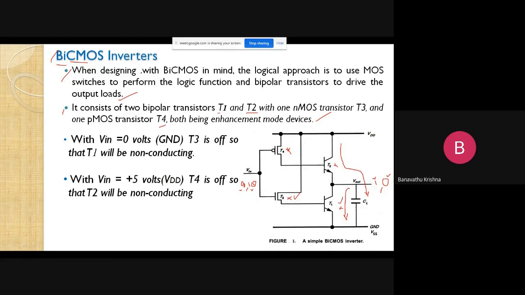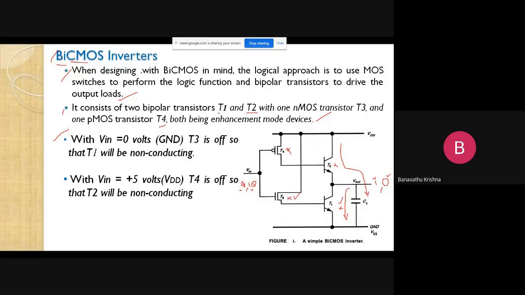Coming to this point, when V input is 0 volts, that is ground, T3 is off, so T1 is not conducting. Then we are getting the output response as 1, because T3 is off, and when we apply V input as 0, T4 is on and T2 is on.